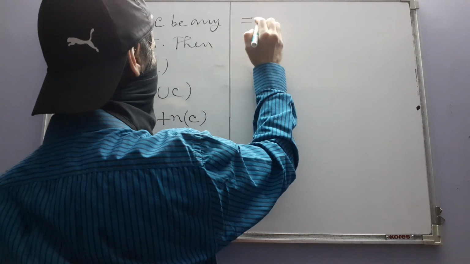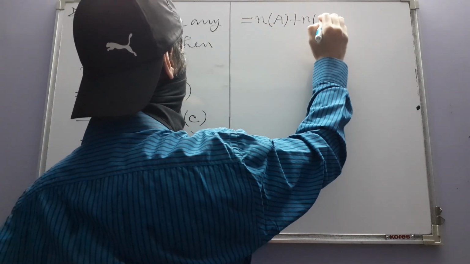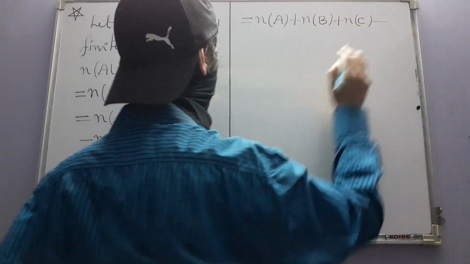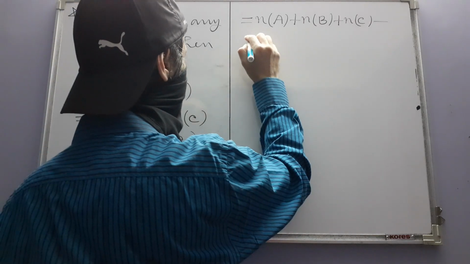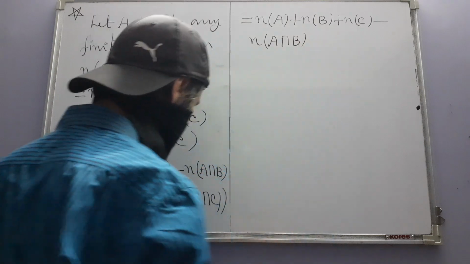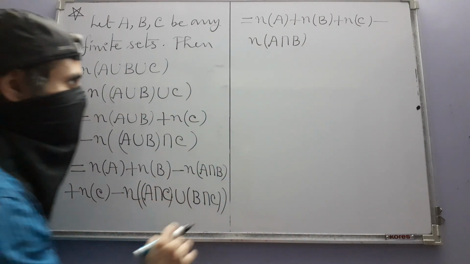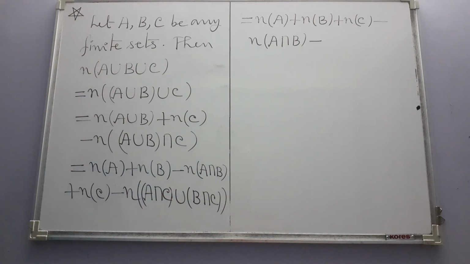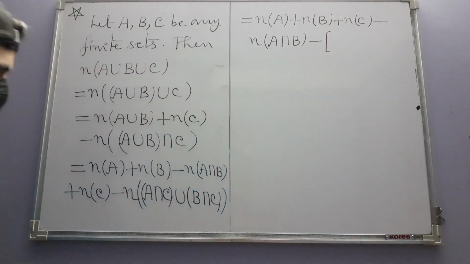Okay, now reorganizing this part a little bit more. N(A) plus N(B) plus N(C) minus, let us write this one because we already have it, N(A intersection B), and minus of this. Also do not forget that there is a minus. So it's better to do whatever we are going to do within brackets.